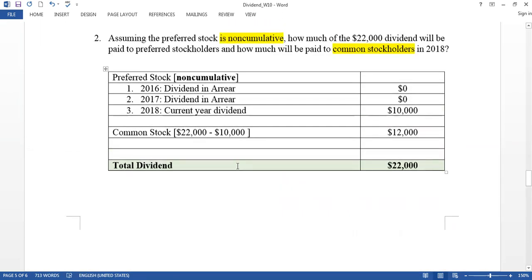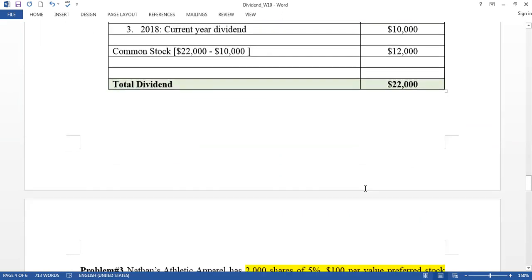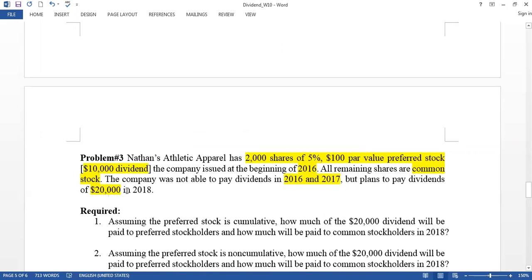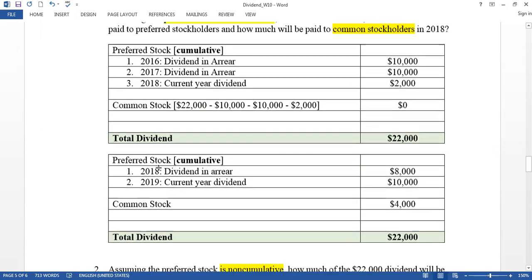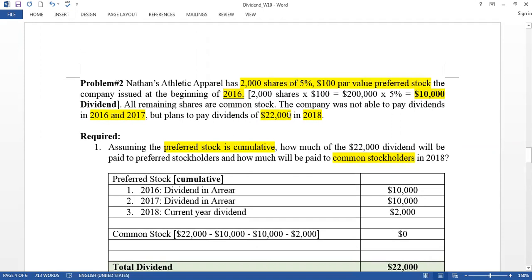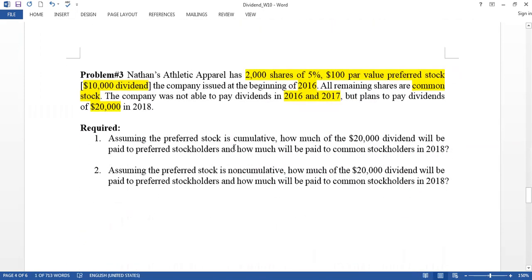Before, the total dividend was $22,000, right? Now I mention only $20,000 dividend. This is only one change. If you compare question 2 and 3, it was $22,000 dividend, now I make it only $20,000. All other parts are similar.